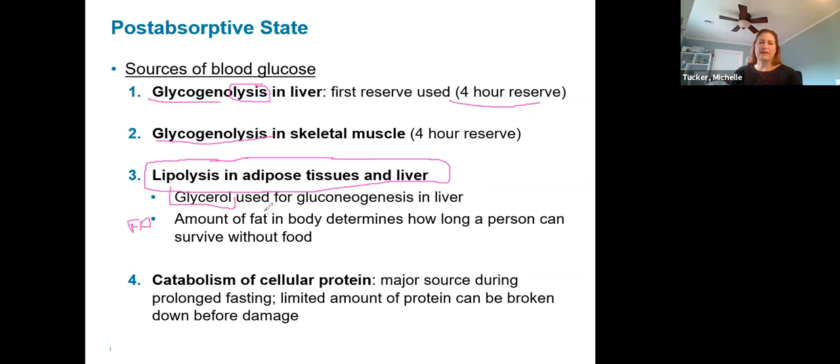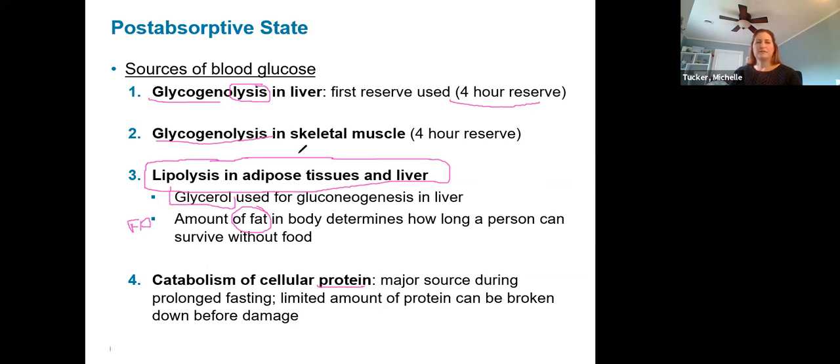The amount of fat in the body is going to determine how long a person can survive without food, because most individuals have more than adequate fatty acid stores. Protein can be broken down during prolonged fasting. This can extend the amount of time that one could fast.